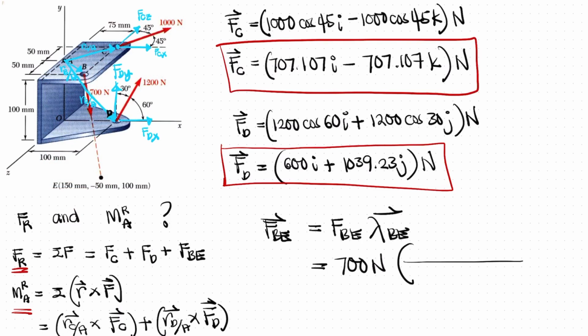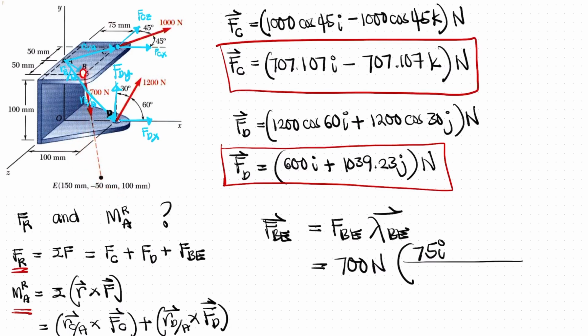The distance along x is positive 75 i. The distance between B and E along the y-axis: the coordinate along y is negative 50.